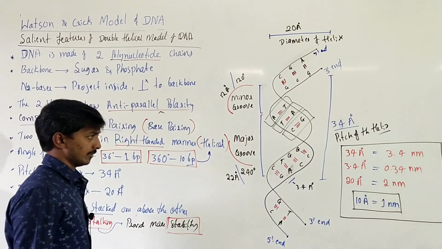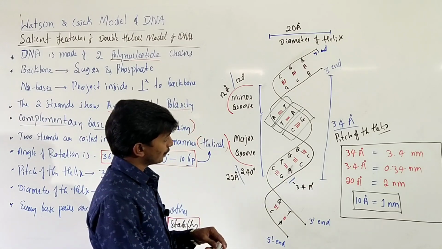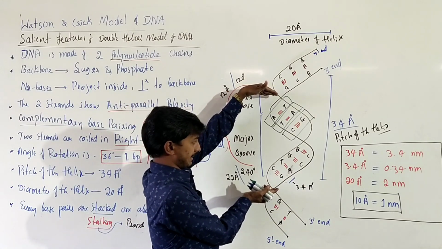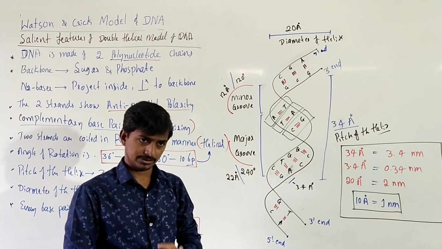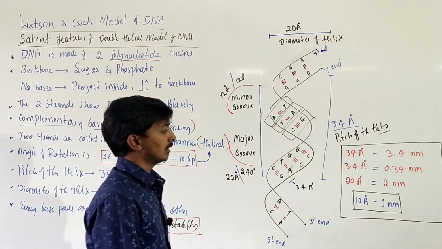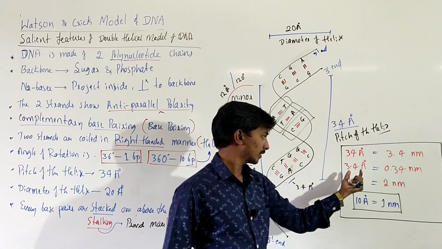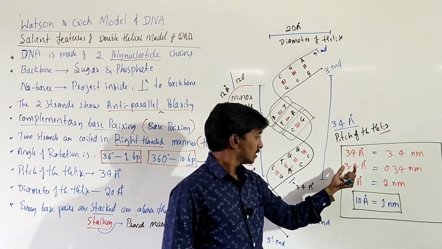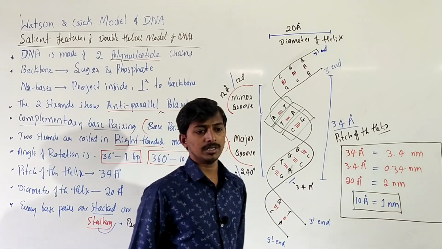In examination, they will give the number of base pairs. For example, the DNA is having 6 base pairs, and the gap between each base pair is some number, and find out the length of the particular DNA.